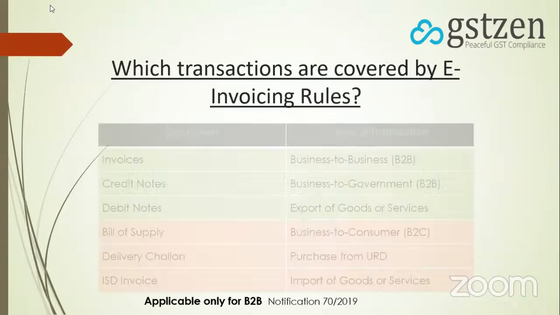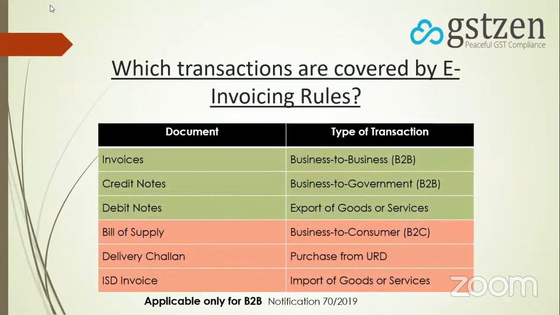Now this is very important. Which transactions are covered by e-invoicing rules? When do you have to generate e-invoices, and for what kind of transactions? E-invoicing is applicable only for B2B, business to government, and exports. You only have to generate e-invoices when you're selling goods to a registered person or to the government, or exporting your goods and services.